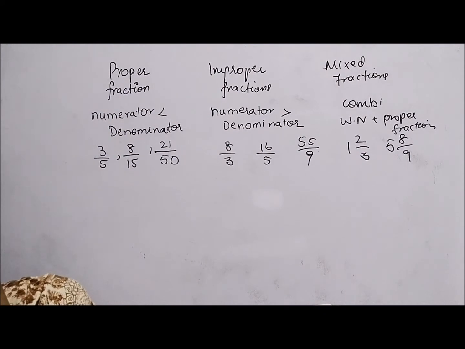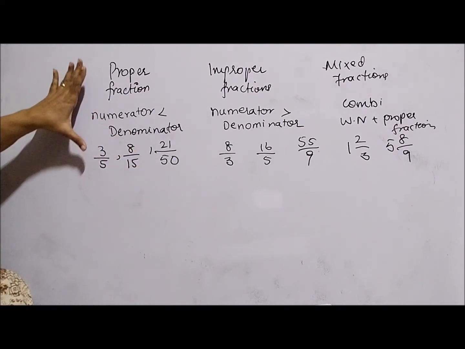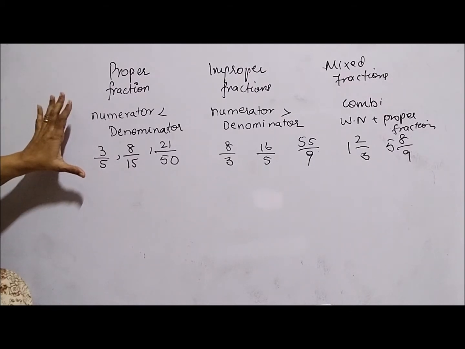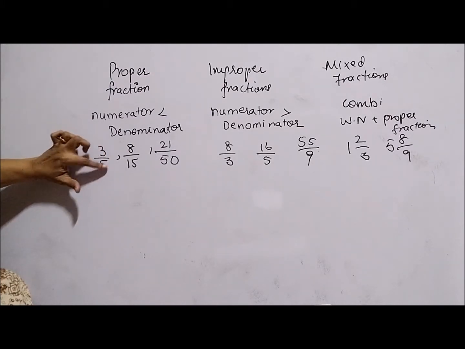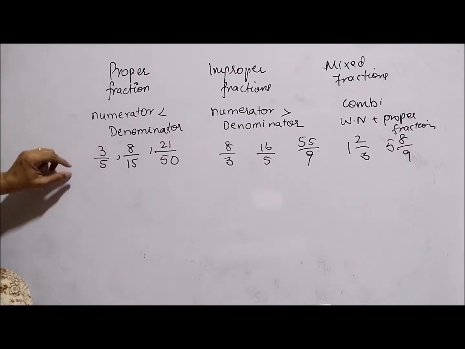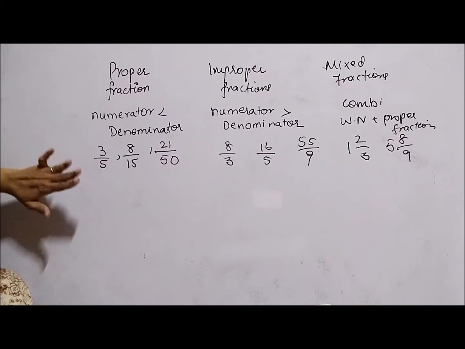Like this. See, proper fraction is the final one. Like, you can't simplify further if it is in proper fraction. If the numerator and the denominator doesn't have any common factor, we will stop.